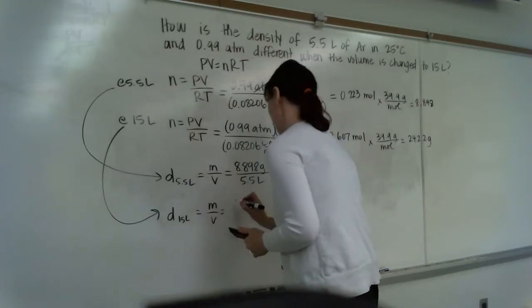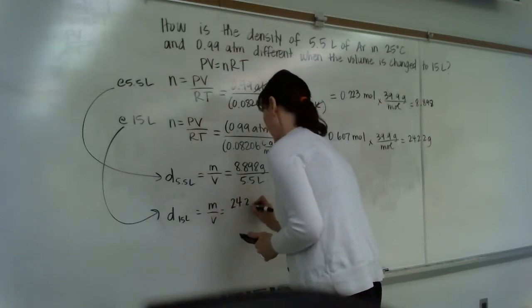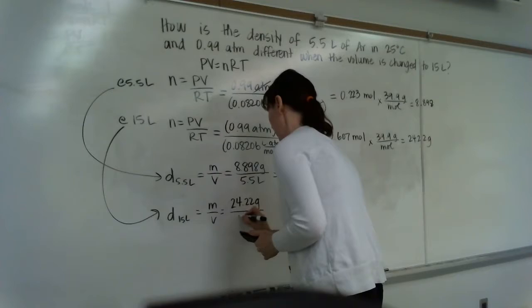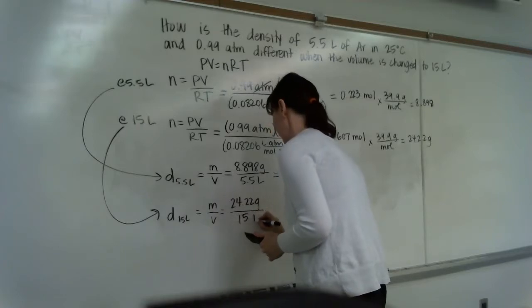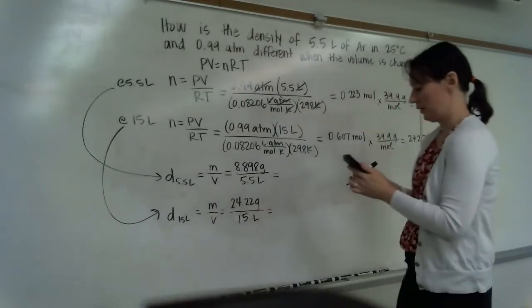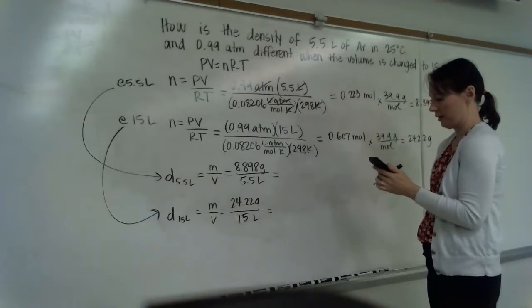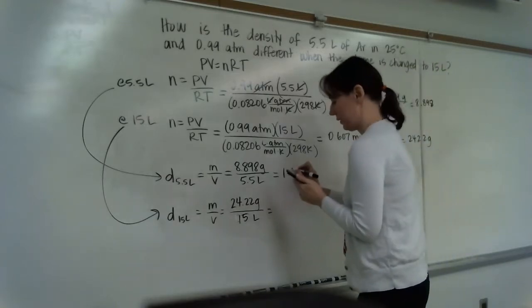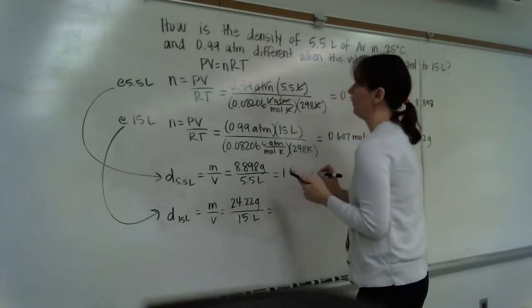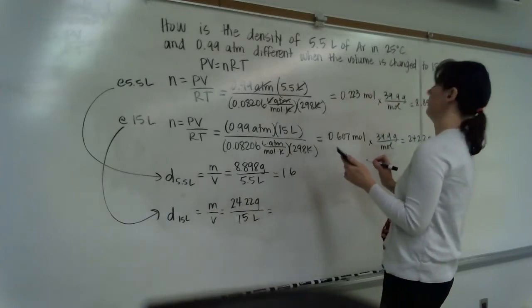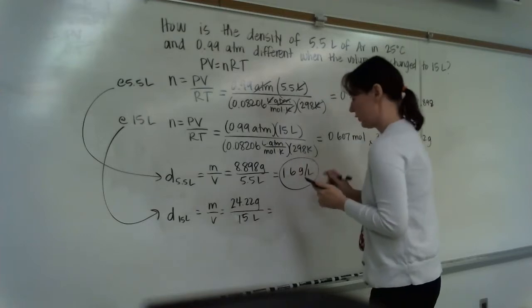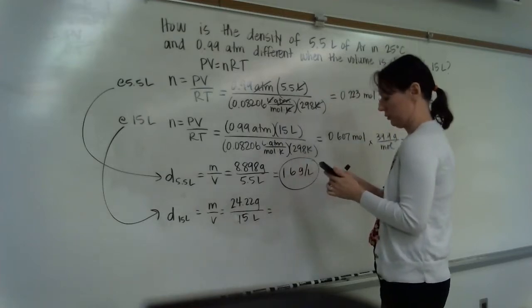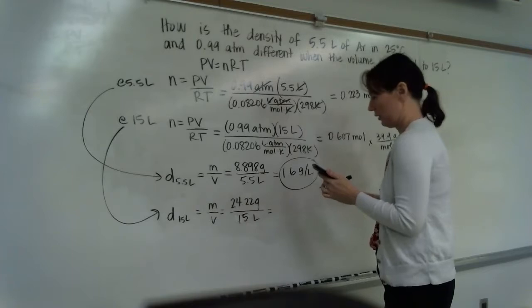So that's the 24.22 grams divided by 15 liters. All right, so divided by 5.5, 1.6. I can't remember how many sig figs. Let's see, I think it's 2, right? Yeah. 1.6 grams per liter versus 24.22 divided by 15.